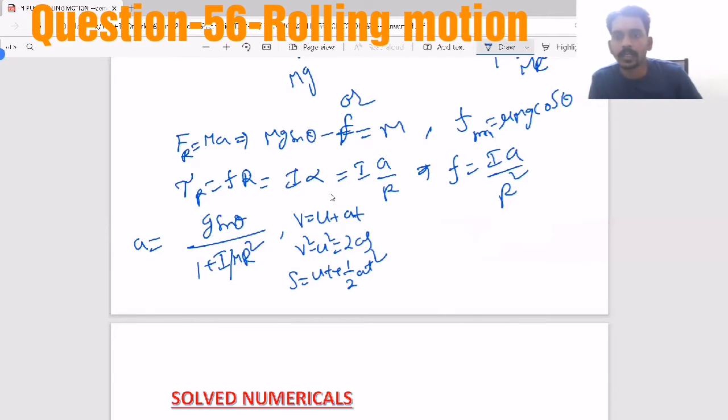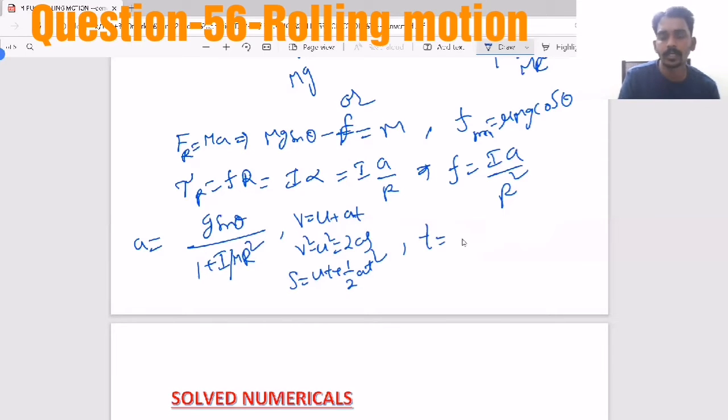But we already found velocity with another condition, so no need, but you can find the time taken to reach the ground, that is time equal to v by a, because u is 0 starting from rest. If you divide both of them, you get 1 by sin theta into root 2h by g into 1 plus I by m r square.